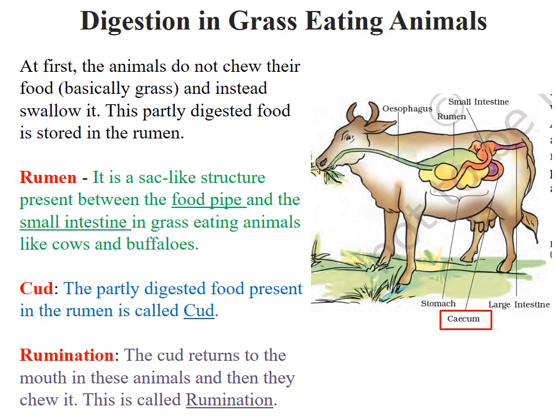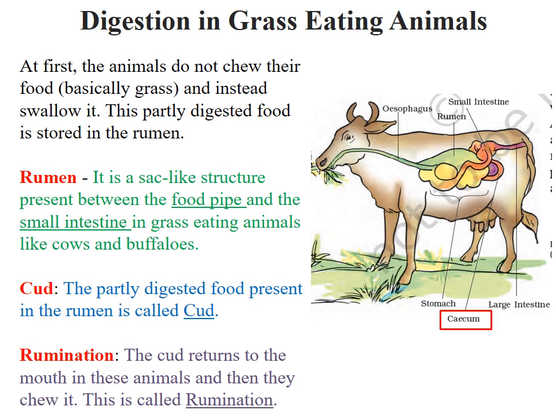The main food component present in grass is cellulose. Cellulose is a type of carbohydrate, and our ruminant animals are able to digest cellulose. They are able to digest it because there is some bacteria in their stomach that can easily digest the cellulose component of food, and also an enzyme present in them, whose name is cellulase.